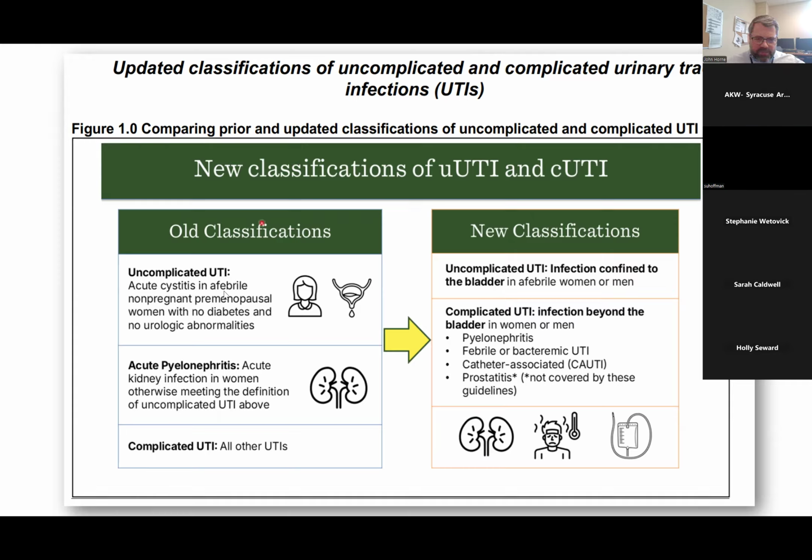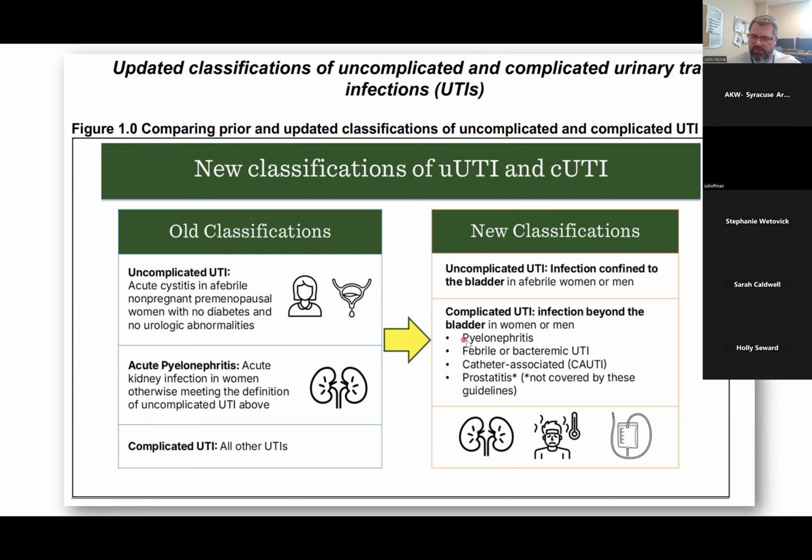Now, the old classification for pyelonephritis, acute kidney infection in women, otherwise meeting definition of uncomplicated urinary tract above, and here it has complicated UTI, all other UTIs. So, okay, the new classification just has uncomplicated UTI or complicated UTI. A complicated UTI is infection beyond the bladder in men or women.